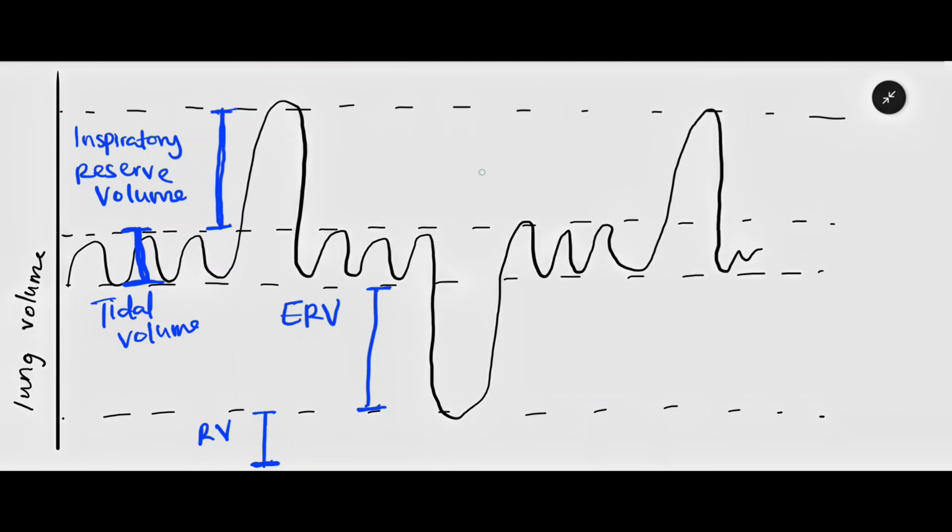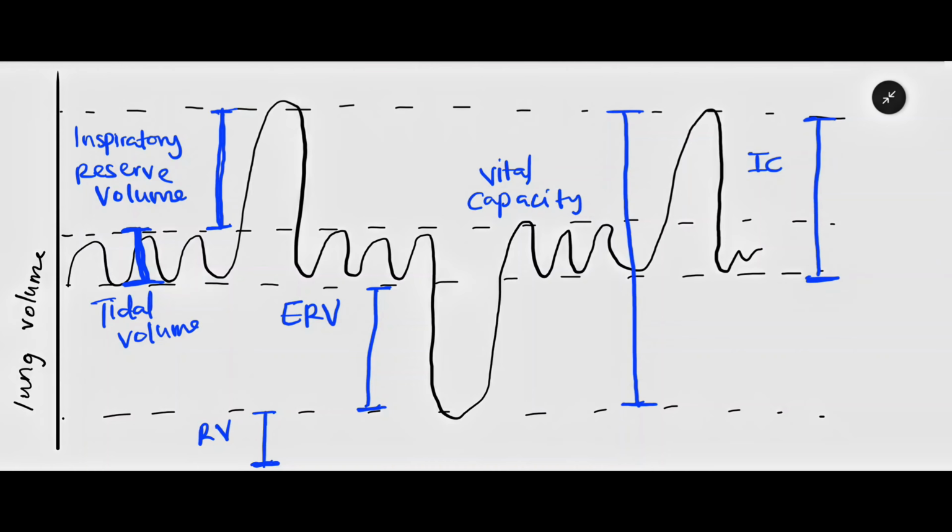Vital capacity is this area here. Inspiratory capacity, I see it's this area here. Functional residual capacity, FRC, is this area here.